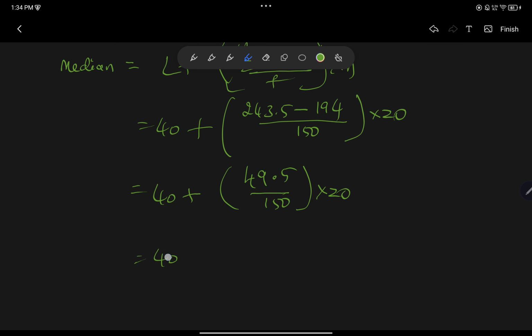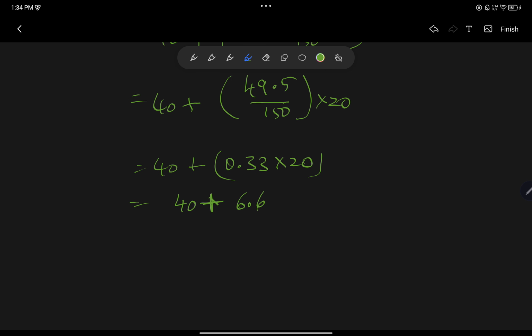Here 49.5 divided by 150 is 0.33, into 20 is 6.6. So 40 plus 6.6 is 46.6. The median value is 46.6.